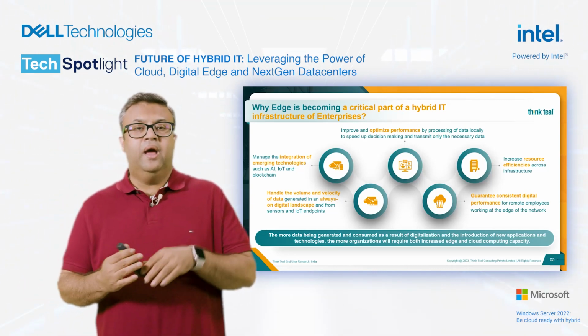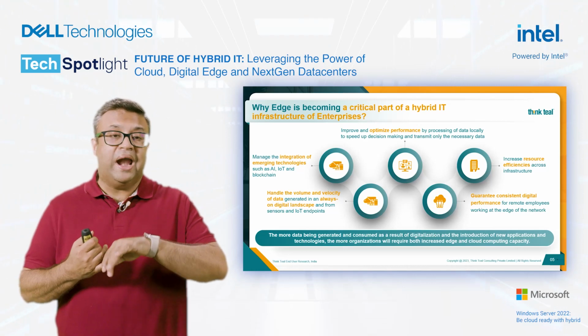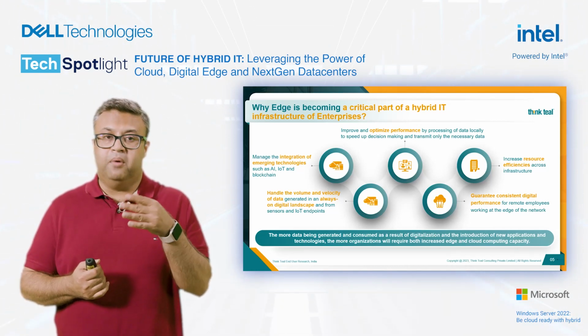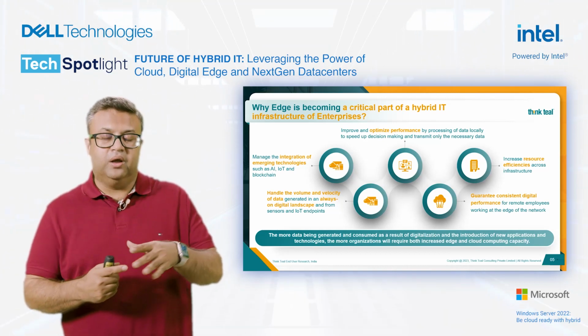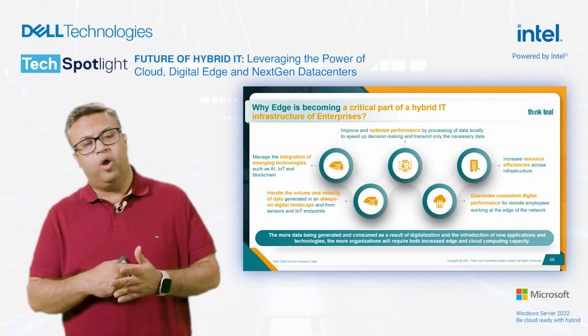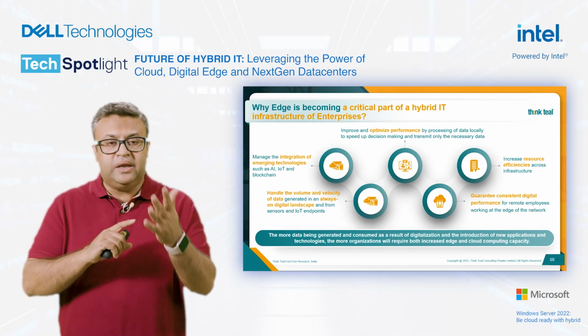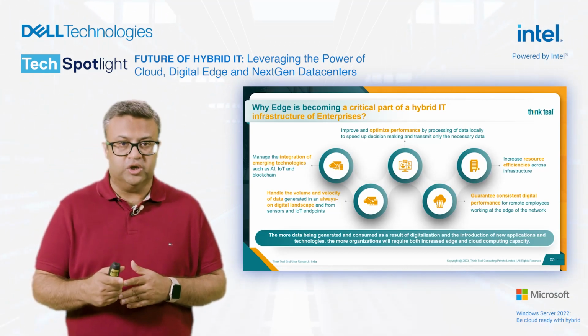Second, like I said in the past, with the advent of AI, IoT, and blockchain, edge sites in conjunction with cloud and on-premise data centers help you integrate emerging technologies.